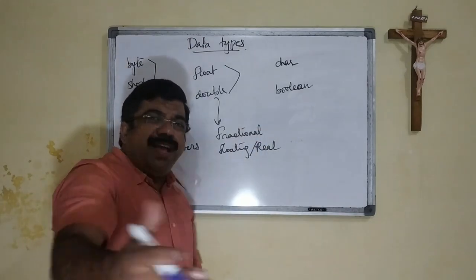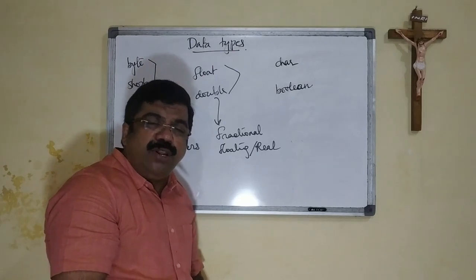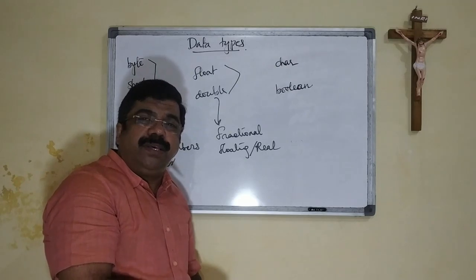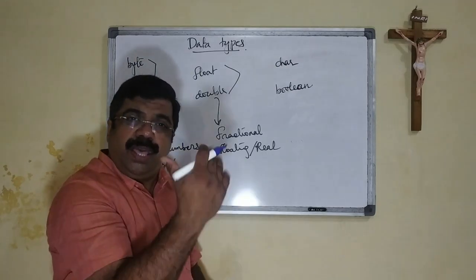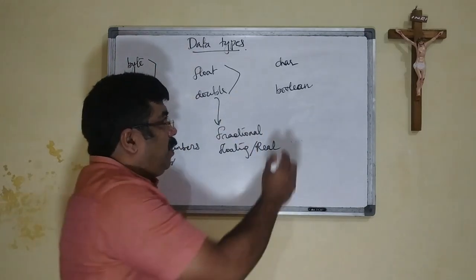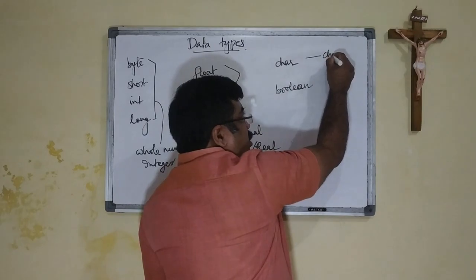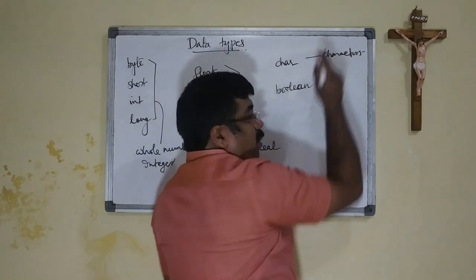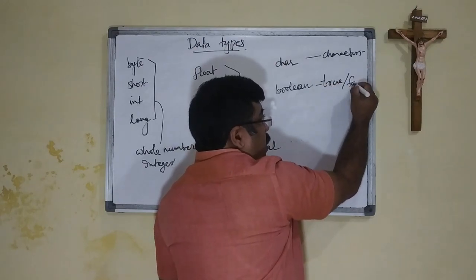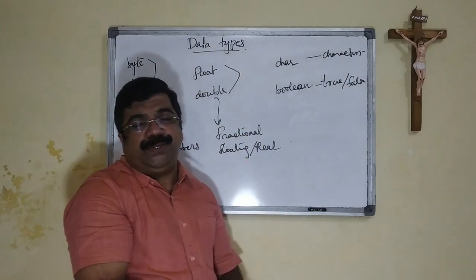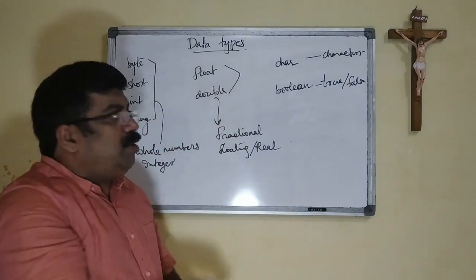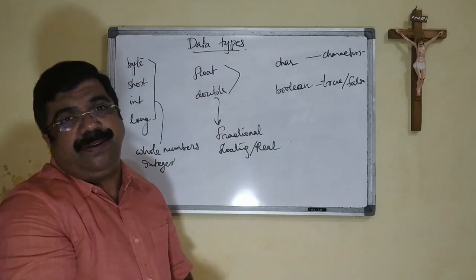We studied, when we had real constants, floating point constants or real constants, which were represented in the fractional form as well as in the mantissa and the exponent form. Next, the other 2 are there. The first one is for storing characters. The second one is for storing the value true or false.